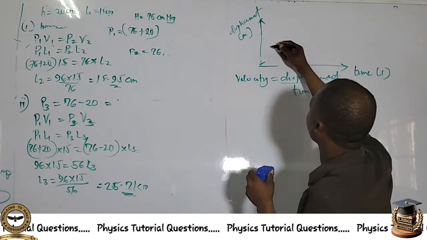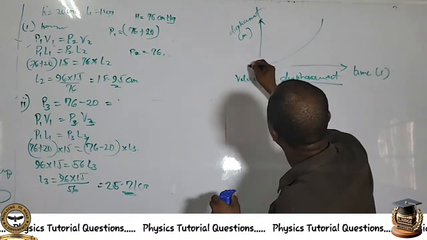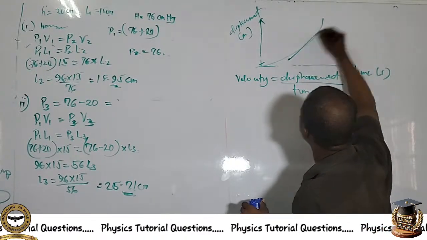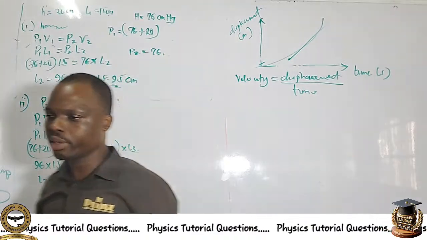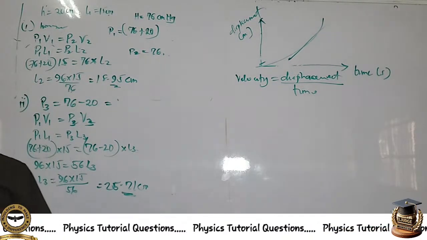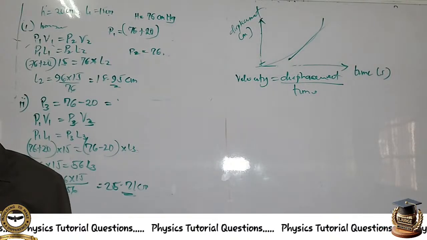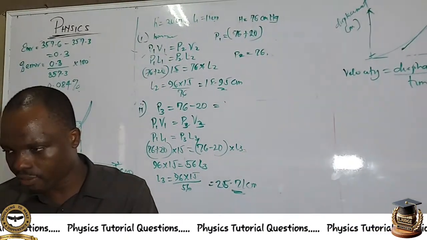With a curve, we have something like this. Another thing we can determine is the initial displacement. So these are a few things we can determine from this displacement time graph.